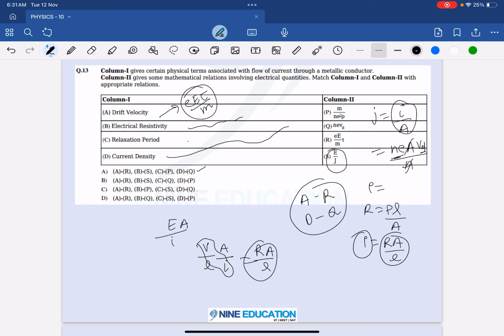Yes, so we are able to see that B is going to become S. So A is R, B is S, and D is Q. So basically C is P. So this formula also you should remember, relaxation time period. Basically it is a rho formula. So it is m by n e square rho. So you just remember it from here.